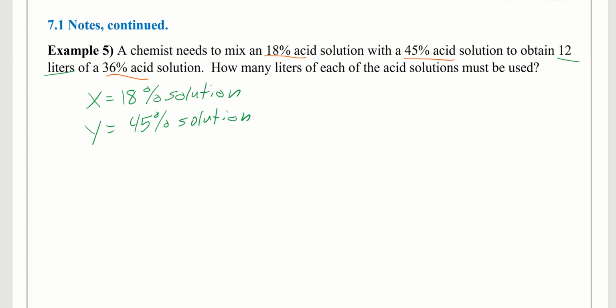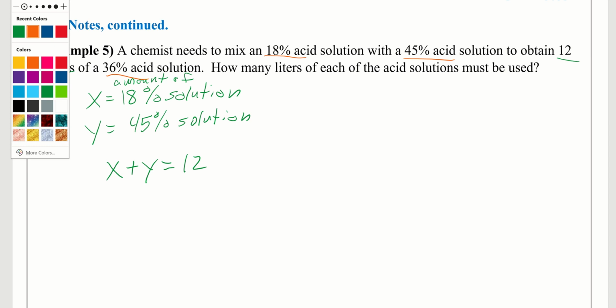Again, this is not percentage, this is the amount. I should have put that amount of each. So one of my equations is just going to be X plus Y is equal to 12. So I need to get 12 liters with those two different types of solutions. Now I'm going to start talking about percent.